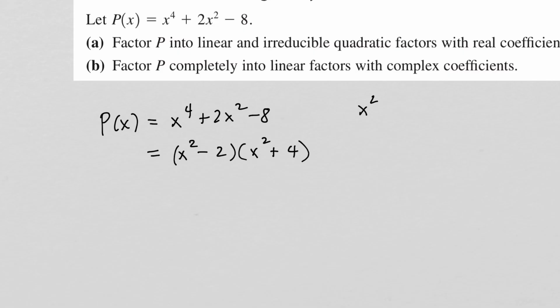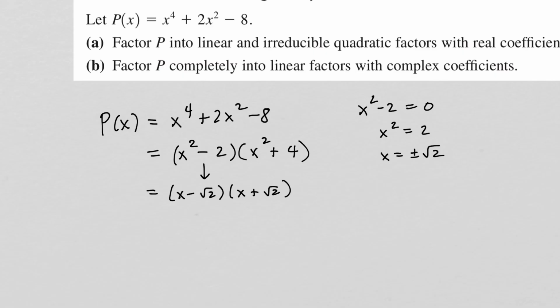Now, x squared minus 2, if you set that equal to 0 and solve for x, you will get irrational numbers, radical 2 and negative radical 2. So we can still factor x squared minus 2 using real numbers, radical 2 and negative radical 2, right?